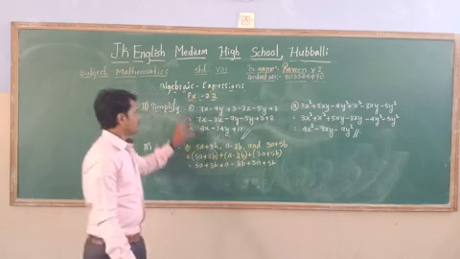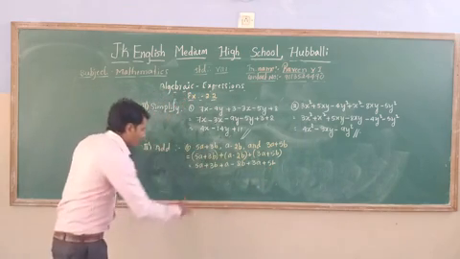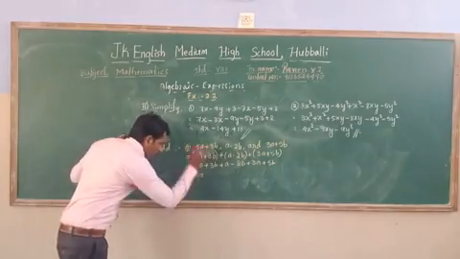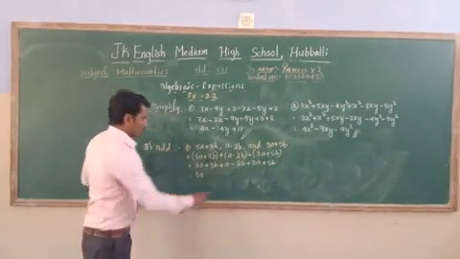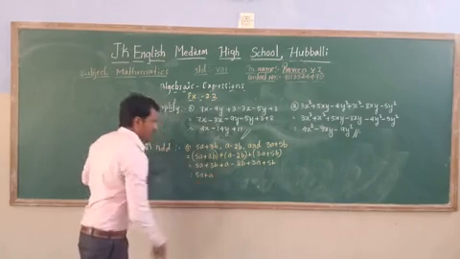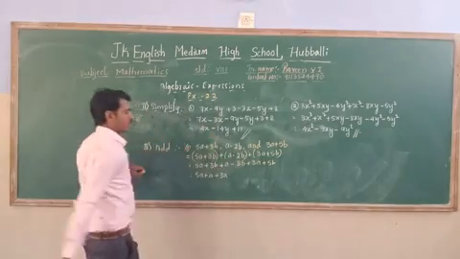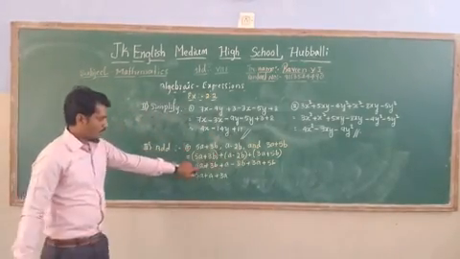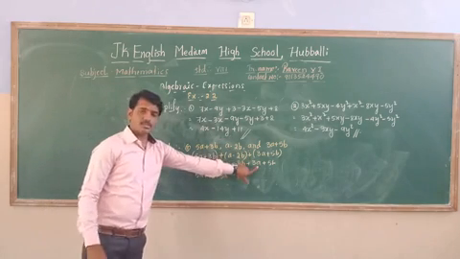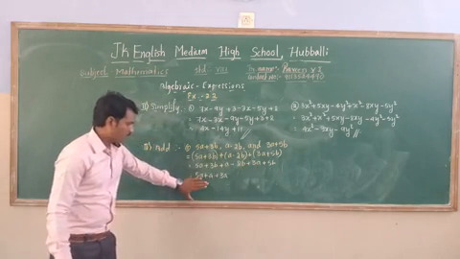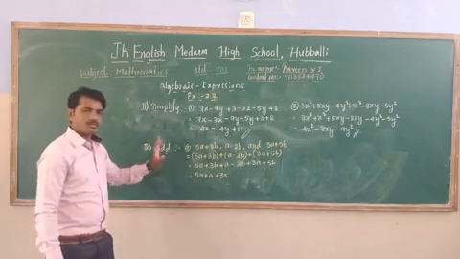So now separate like this. First one, 5a. What is the next term? Here plus a, and next plus 3a. 5a plus a and plus 3a. I have separated the terms along with the sign.